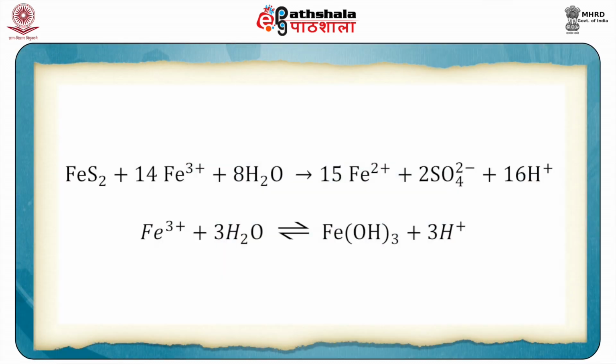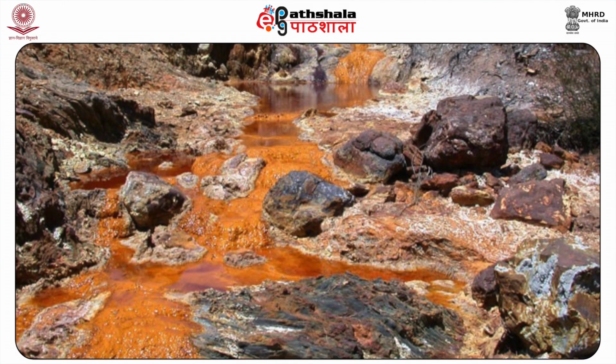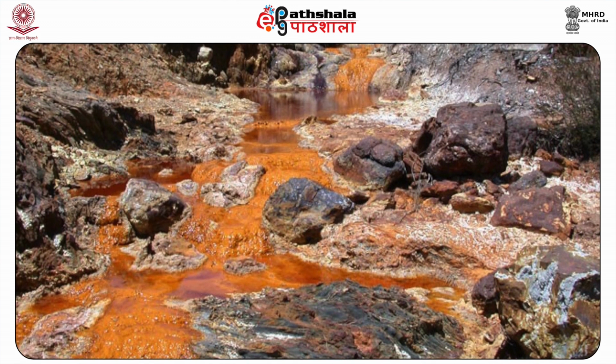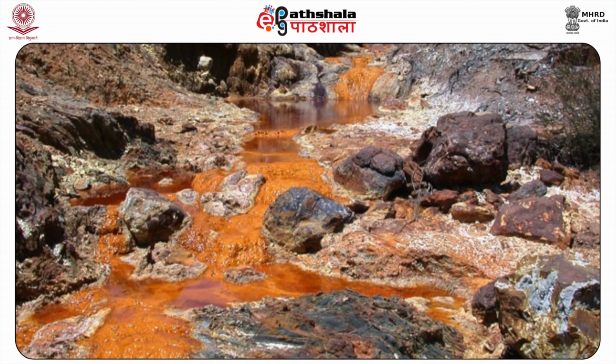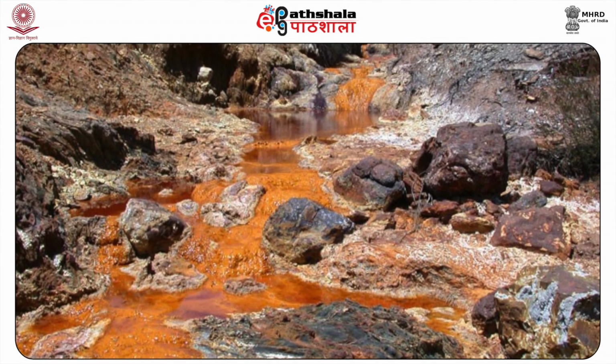Ferric ions, produced in the reaction discussed earlier between ferrous sulfide with water and oxygen, dissolve the pyrites further and constitute a cycle for the dissolution of pyrite, which is shown in the equation. Acid mine drainage is the primary source of pollutants that increases the acidity of water bodies.